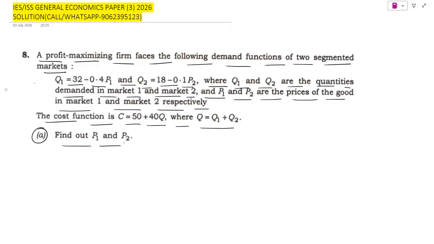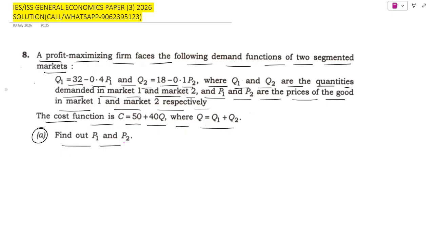Students, notice that the firm sells the same product in two separate markets at different prices. This is known as third degree price discrimination, and the firm maximizes profit by charging different prices according to the demand condition in each market.